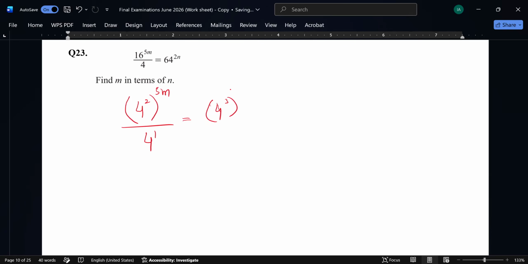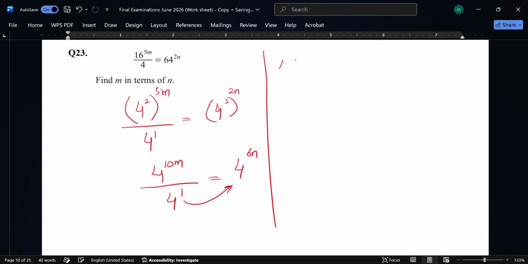Okay, this is 2n. Then what is the rule? The rule says when you have a power and one more power on it, always multiply the powers. So it's going to be 4 to the power 10n over 4 to the power 1 equals 4 to the power 6n.